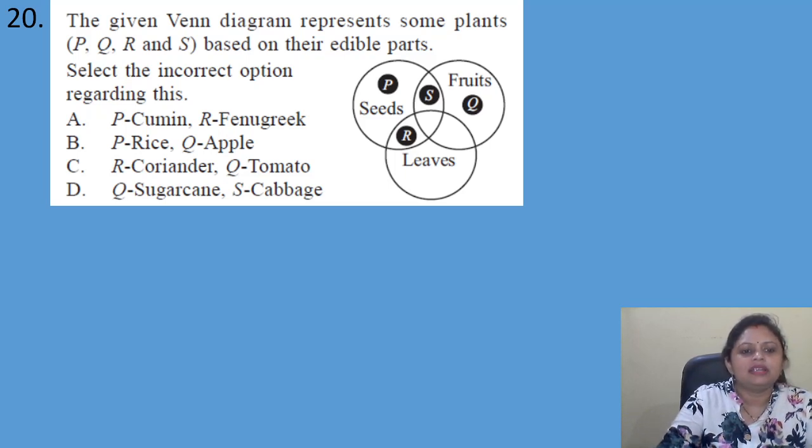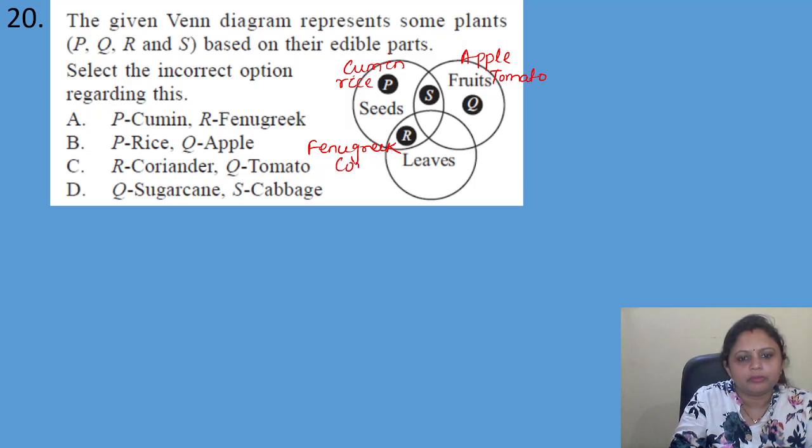So P, that is seed. These are seeds. So it can be cumin. It may be rice also. Coming to Q, fruits. So it can be apple, also tomato, right? R, these are leaves and seeds. So it may be fenugreek.